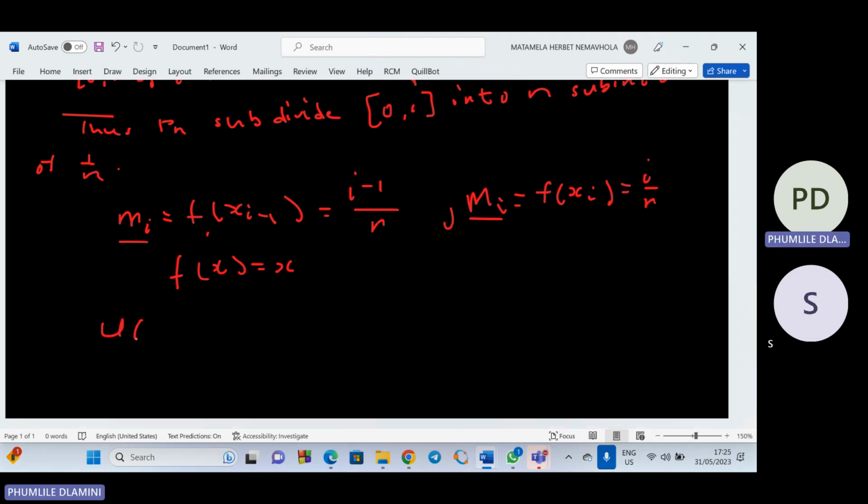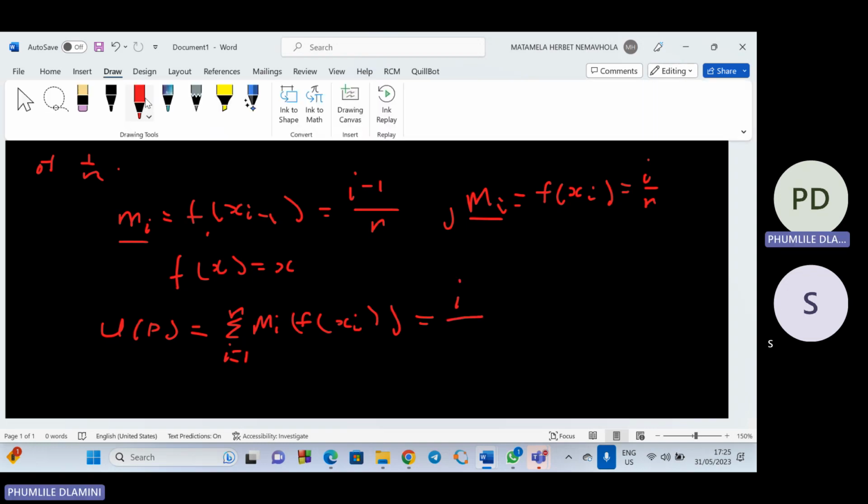To get our U of P, we know it is the sum from i equals 1 to n of the big Mi times the subinterval. The big Mi is going to be i over n.